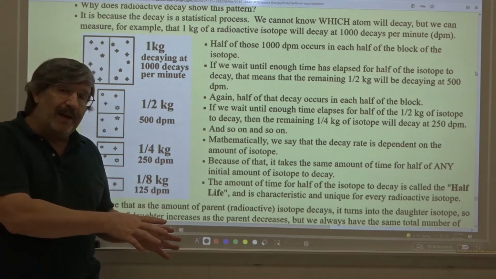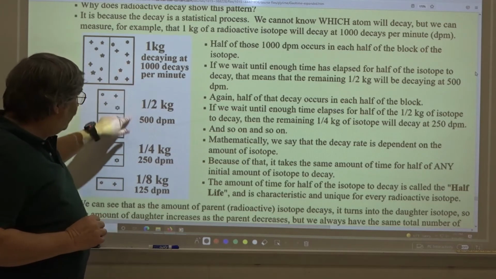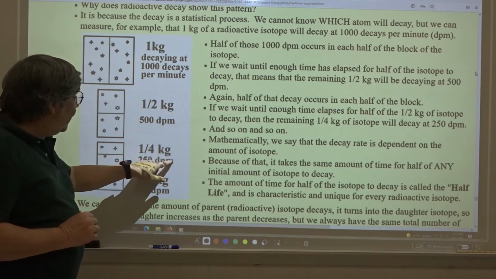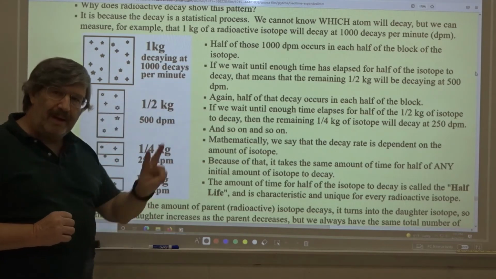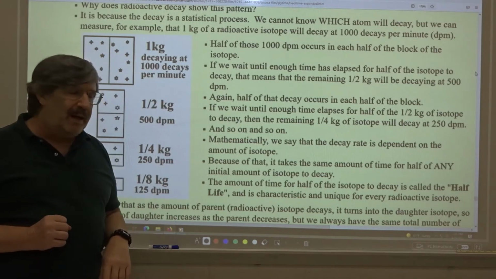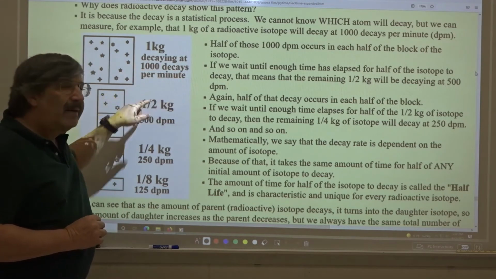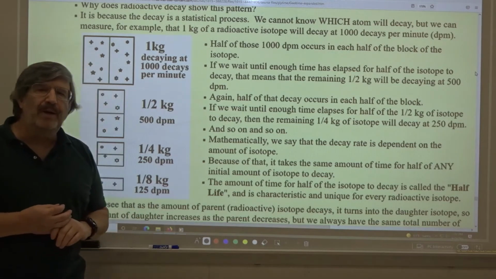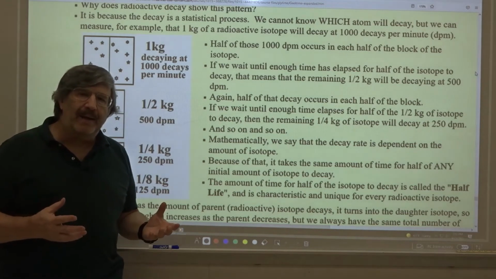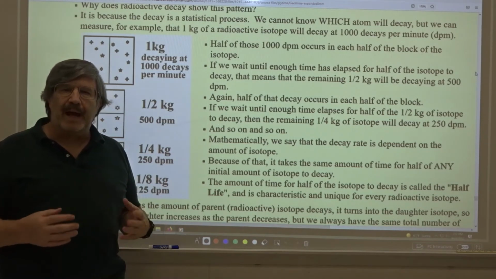If we know how fast it was decaying at the beginning, and we can tell how fast it's decaying now, if it's decaying 1/4 as fast as it started out, that means 2 half-lives have elapsed. If it's decaying 1/8 as fast as it started, that means 3 half-lives have elapsed. And so we can use the rate of decay as a proxy, as a replacement for the actual amount.